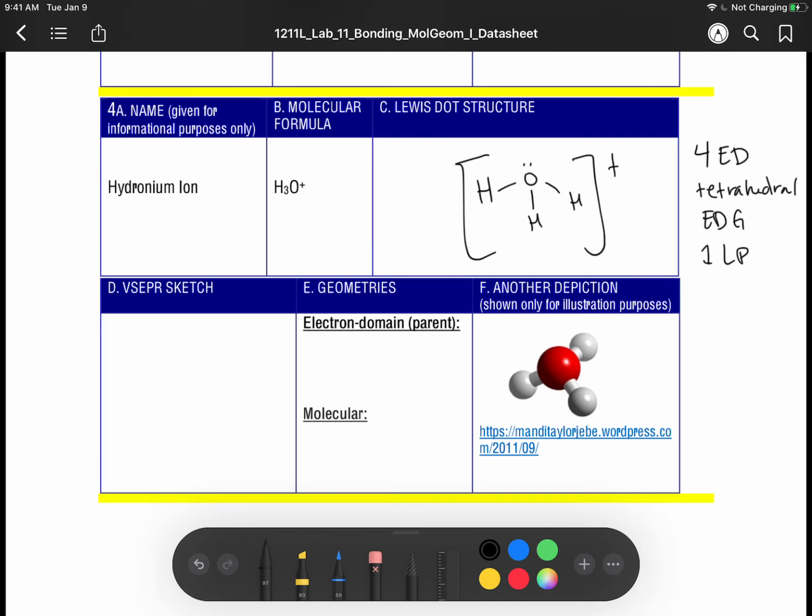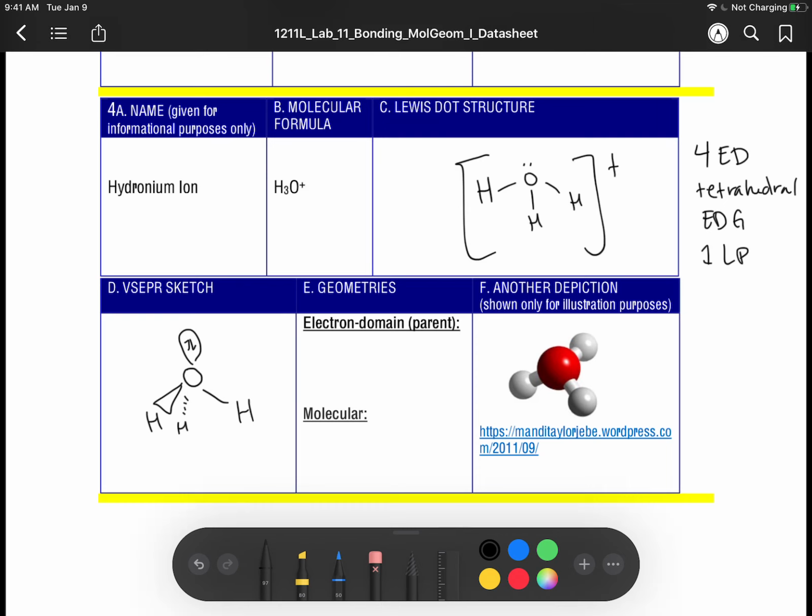Okay, so when we draw this on our option here, we need to have our lone pair. You can either draw it as dots or you can also draw it as arrows if you prefer. Either one will work, like that. And then with the tetrahedral structure, you're going to have a dash and a wedge and a line, like so.